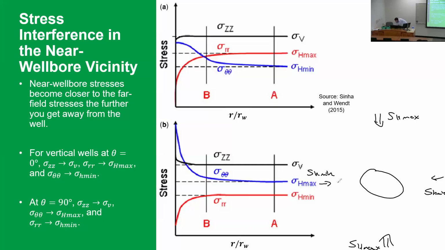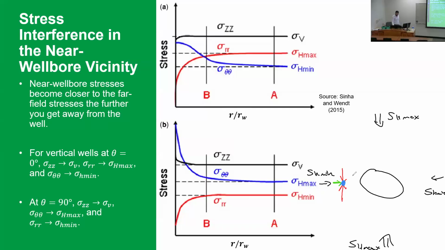Now I'm here. I want the stresses here, and I will draw them. Look at the arrow. The radial stress is like this. The tangential stress is like this. And the axial stress is like this.